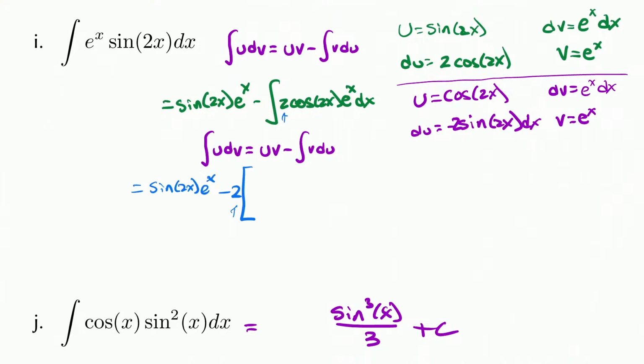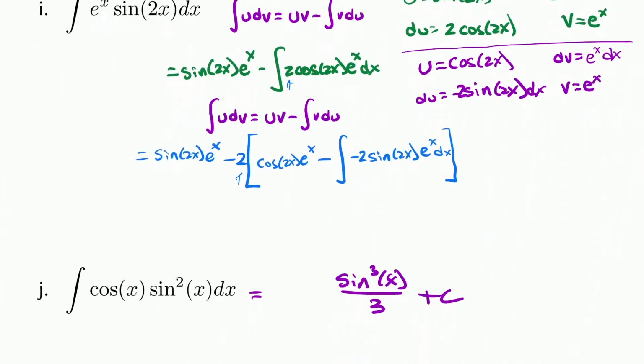Okay, let's do u times v, minus the integral of v du, minus 2 sine. Let me clean things up just a bit, and then we'll see why this is so amazing. I know we did one of these earlier. I love these, they are just so much fun.